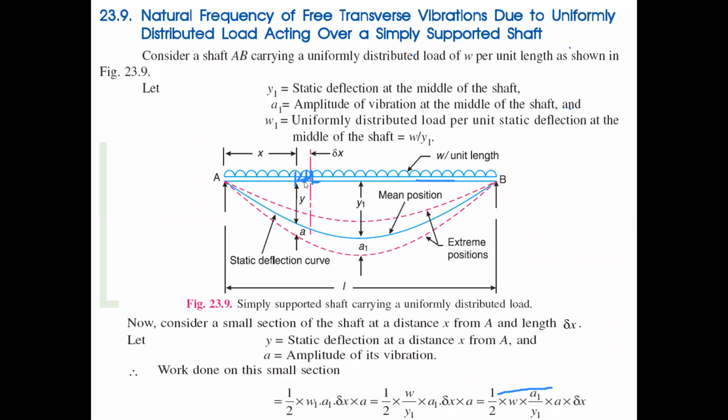The small element of the force, our load value, is w1, the uniformly distributed load at the middle of the section, w by y. So that value is w1 into a1 by 2 into delta x.